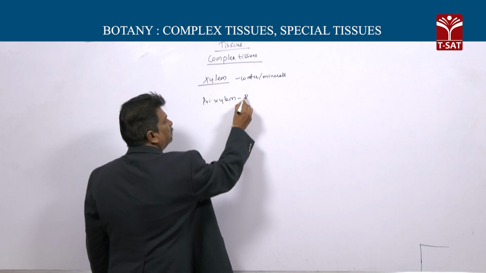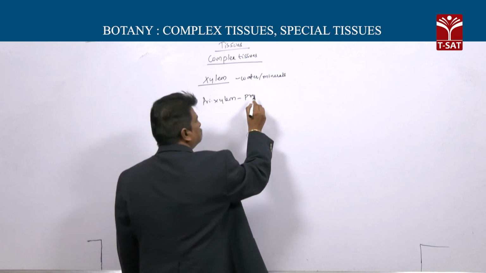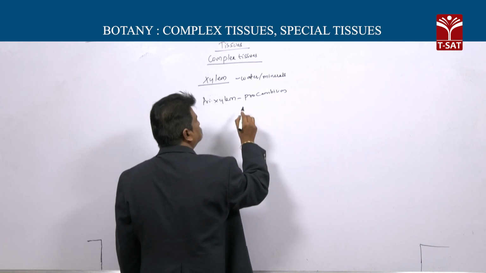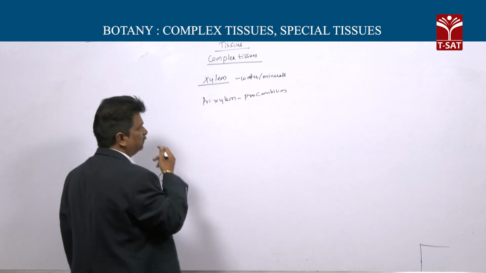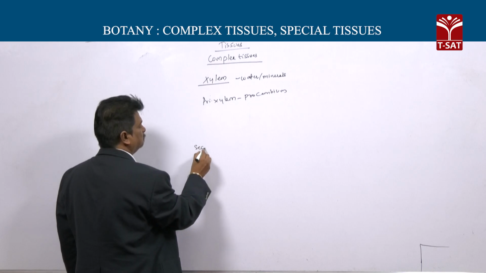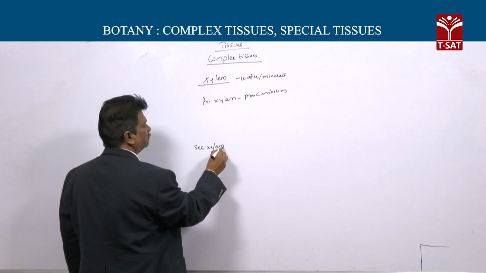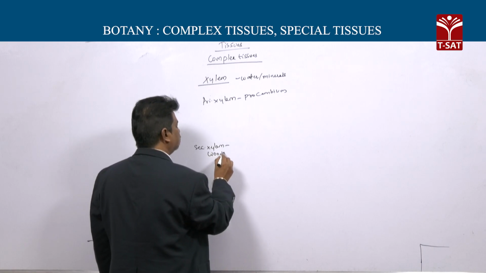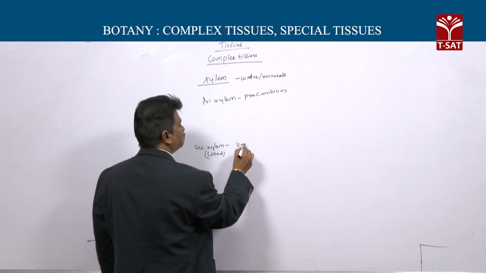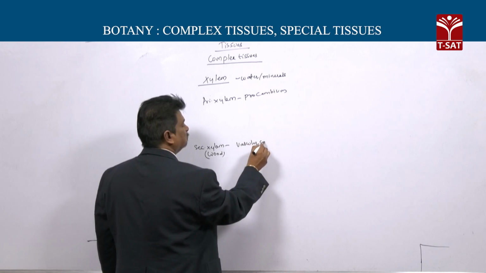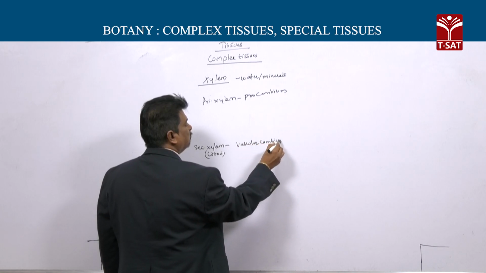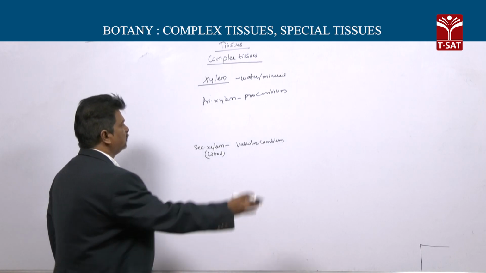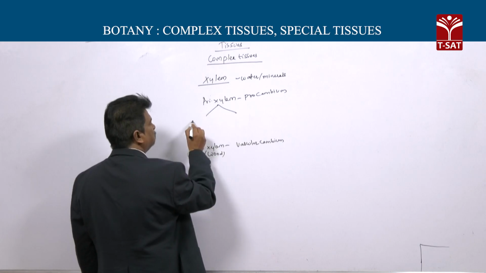This primary xylem is present from the starting stage and helps in formation of primary parts, and primary xylem is developed from procambium. The next one, secondary xylem, also called wood. The secondary xylem is developed from vascular cambium.